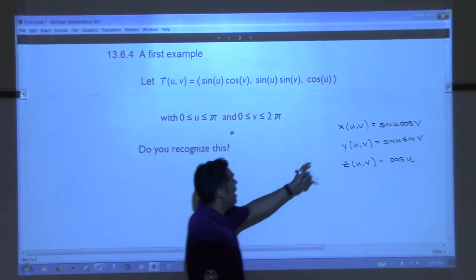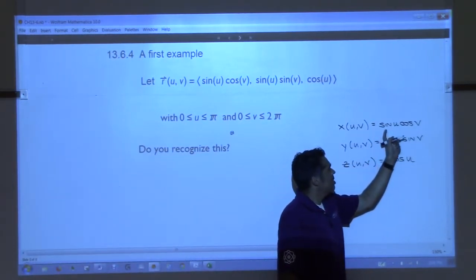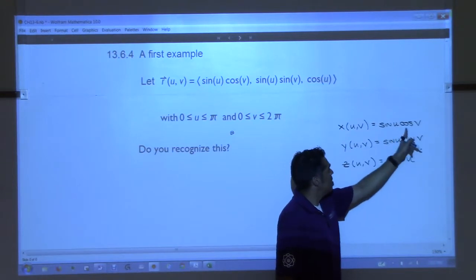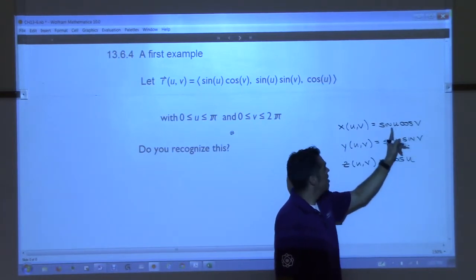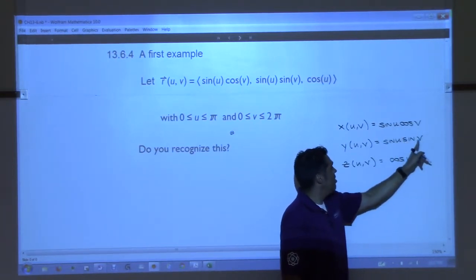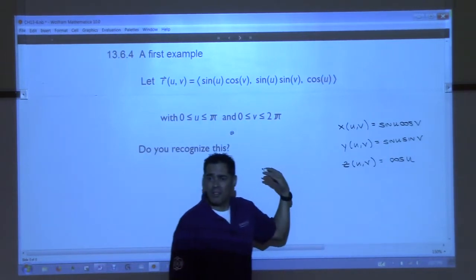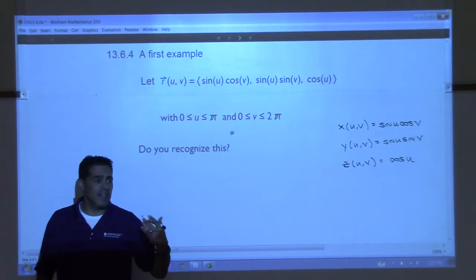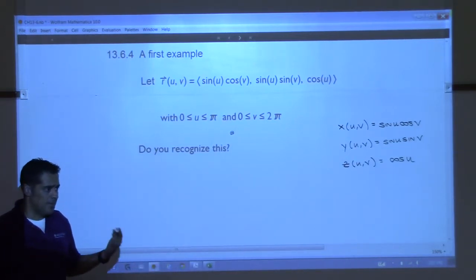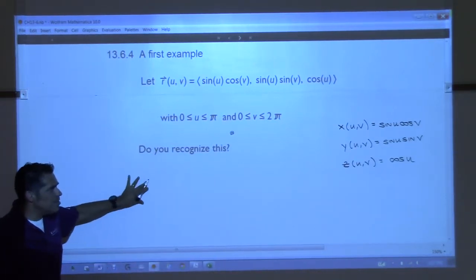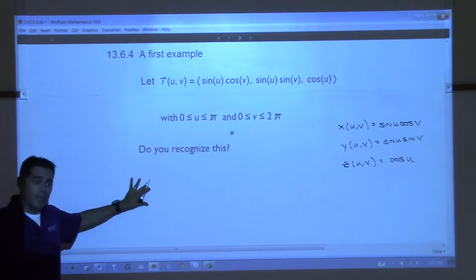We said, okay, our x is going to be, these are actually backwards. It was cosine theta sine phi, and then sine theta sine phi, and then cosine phi. So the u here is acting like the phi, and the v is acting like the theta. Does that make sense? So does this draw us a sphere?